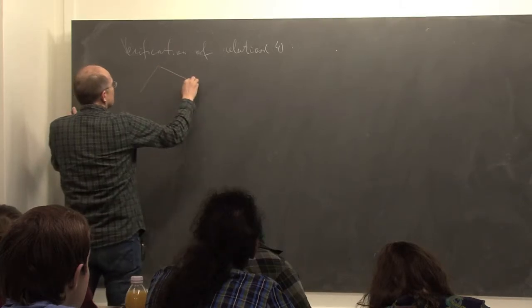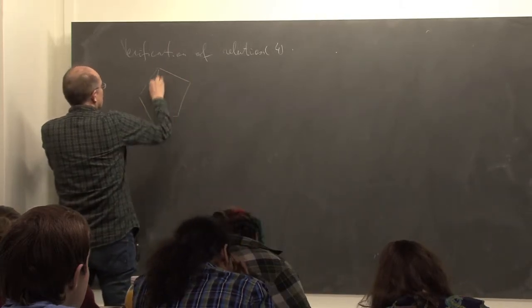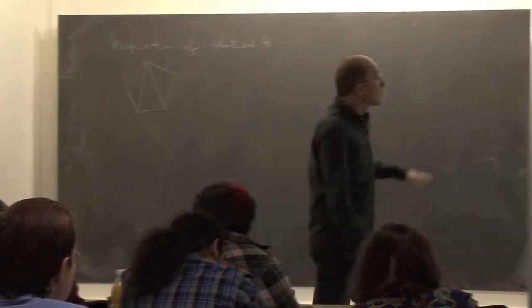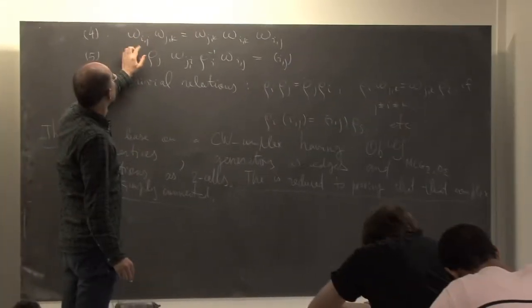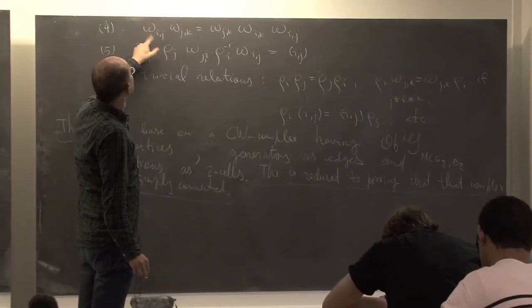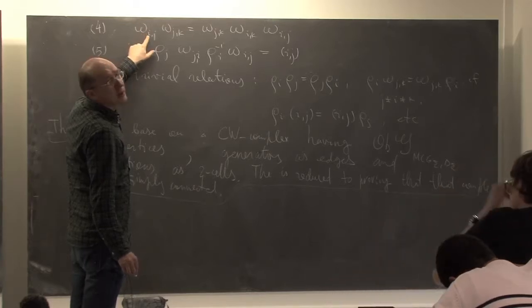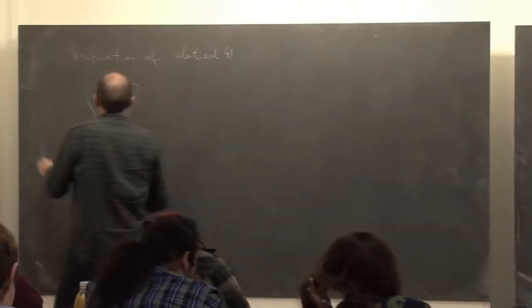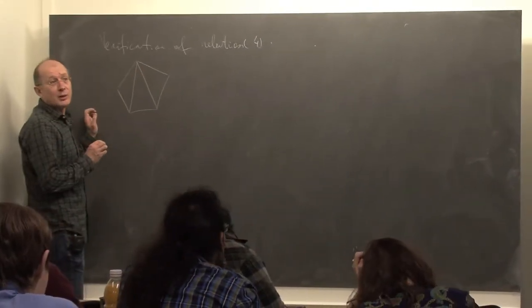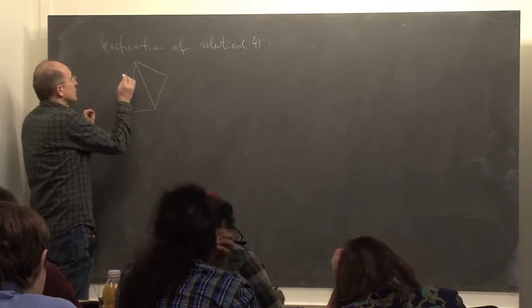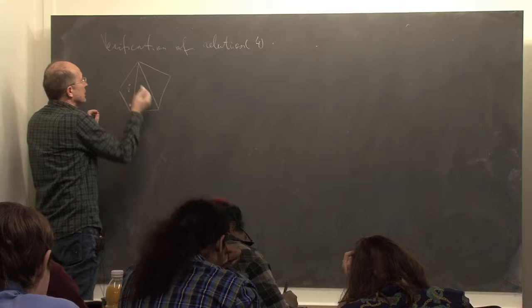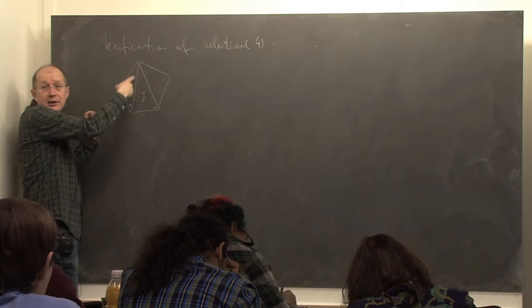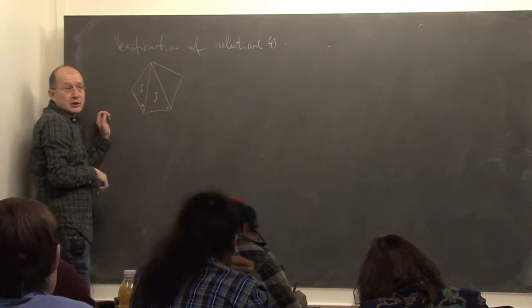We draw a pentagon and we split it into 3 triangles. And so the relation tells us that the morphism omega ij should make sense, right? That means that we have to put the decoration not arbitrarily, but the way that omega ij makes sense, which means that we have to put i like this and j like this. Then this quadrilateral is exactly one part of the definition of omega ij.